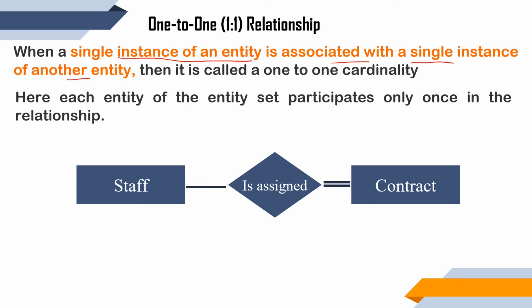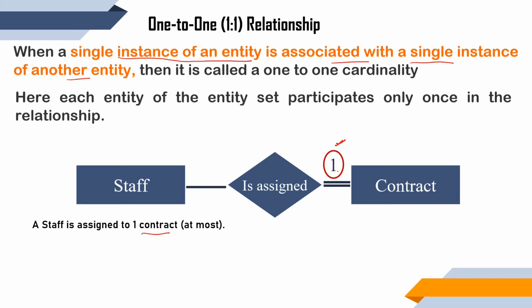Staff means someone who has been given a contract in my organization. Now one staff is assigned to only one contract, isn't it? Whenever that staff has taken a job in my institute, he or she has got a single contract only. So a staff is assigned to one contract. That's why a single staff is related to one contract.